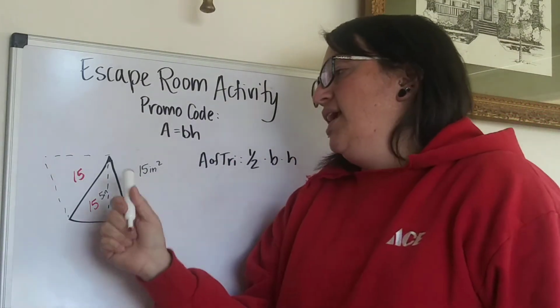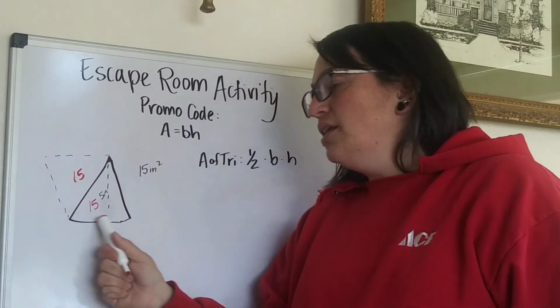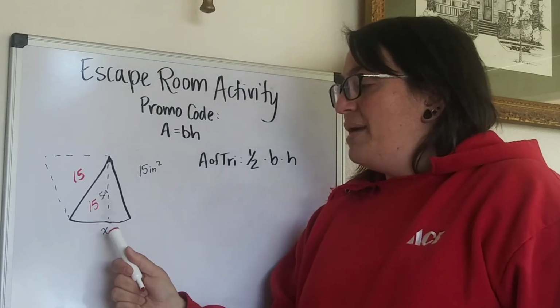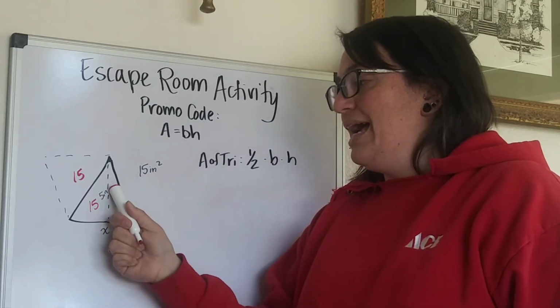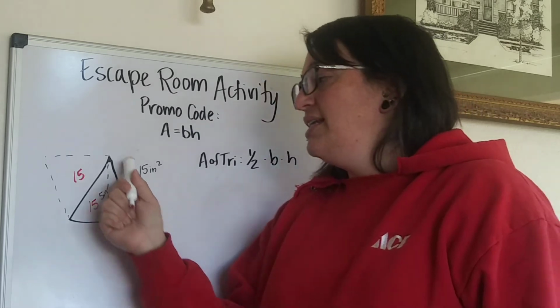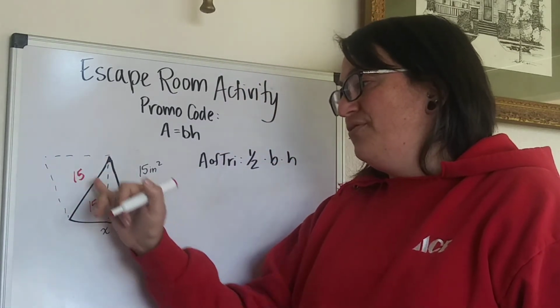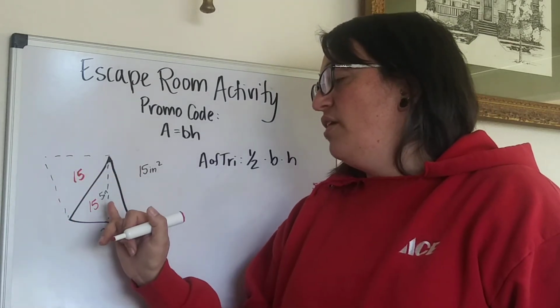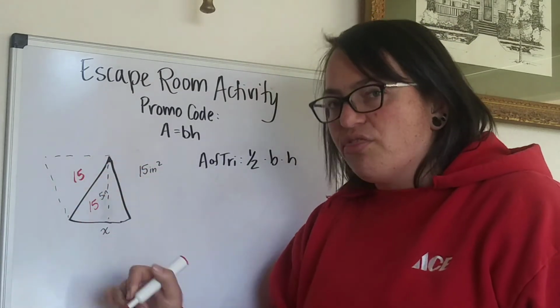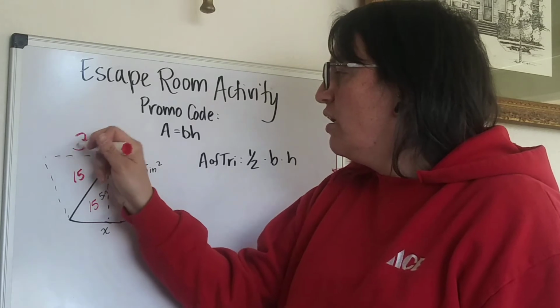So basically, if I think in terms of a parallelogram, okay, my base times my height is really double the area of my triangle. So if my triangle is 15, then the area of the whole parallelogram should be 30, okay?